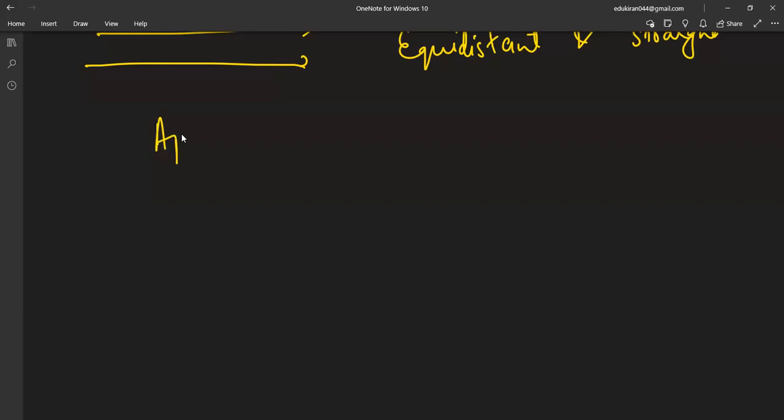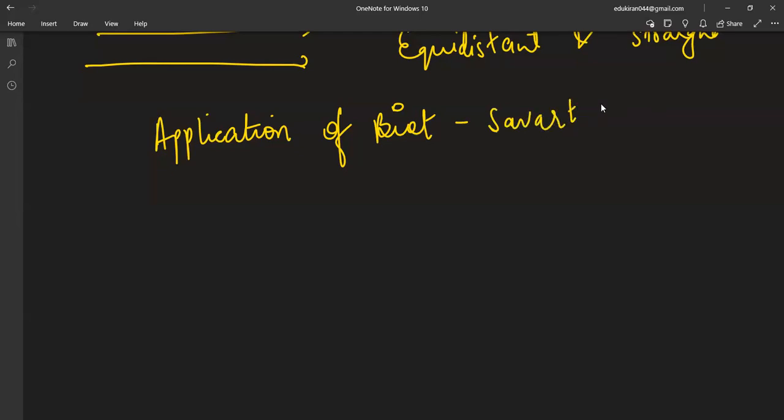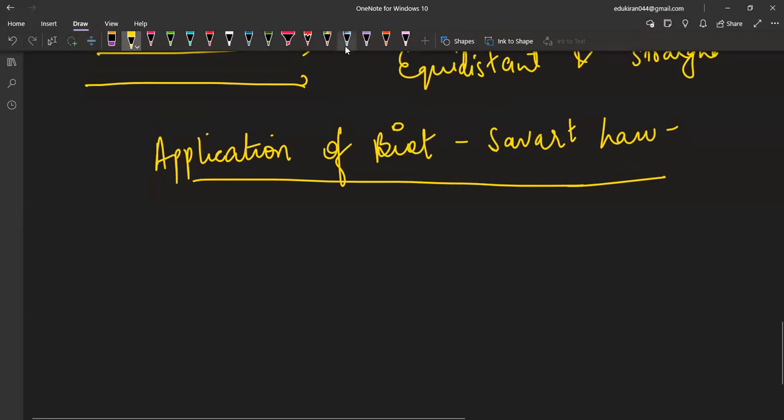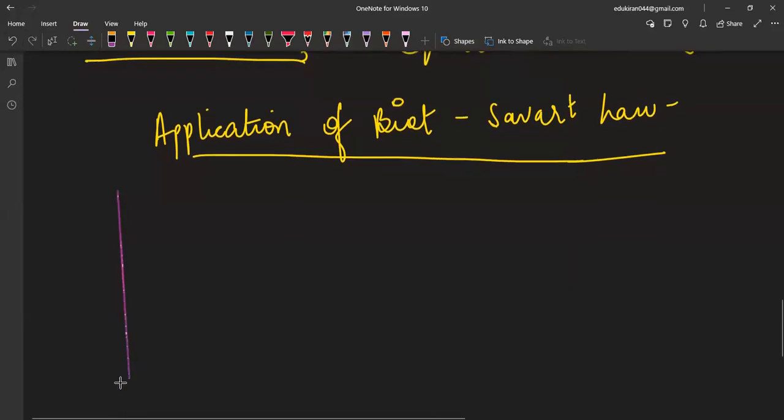Among the application of Biot-Savart's law, suppose this is a finite conductor. A, B, these are the points. It's a finite conductor.